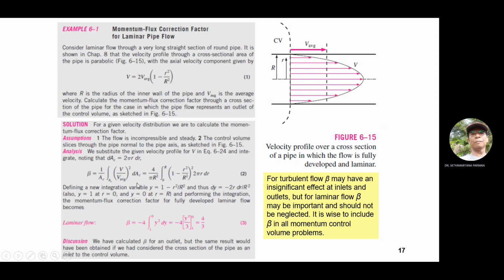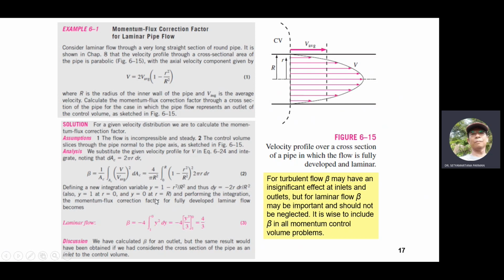Also, y equal to 1 at r equal to 0, because if we replace r equal to 0, then y equal to 1. And y equal to 0 if small r equal to large R. So this part becomes 1 squared, and 1 minus 1 squared becomes 0 here.